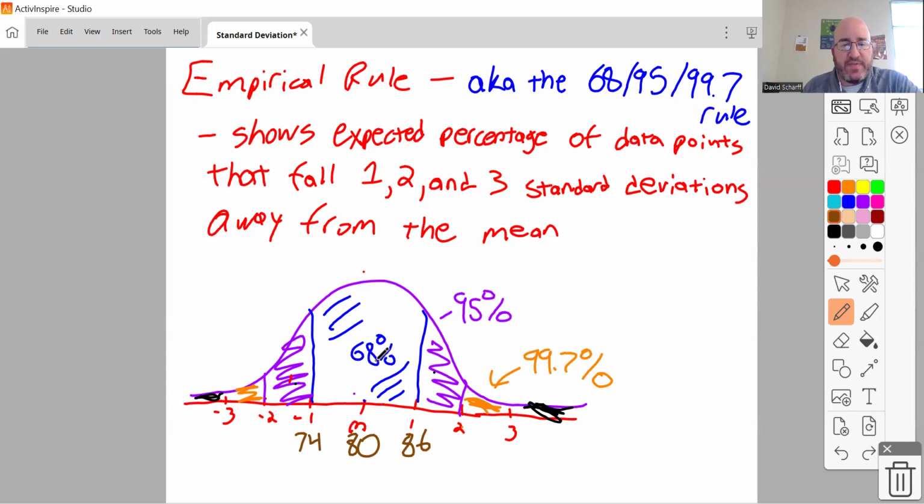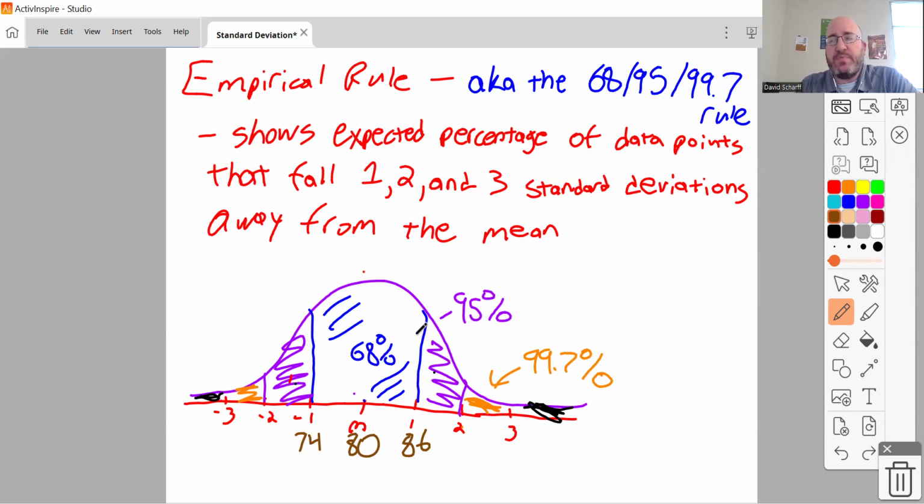You can get 17 out of 25, which is 68%. The closest thing you're going to get to 95% is 24 out of 25, which is 96%. And then obviously 99.7% would have you just go ahead and go up to 25 out of 25. So you're literally not going to get these percentages every time if you map the data out. This is just what it averages out to.